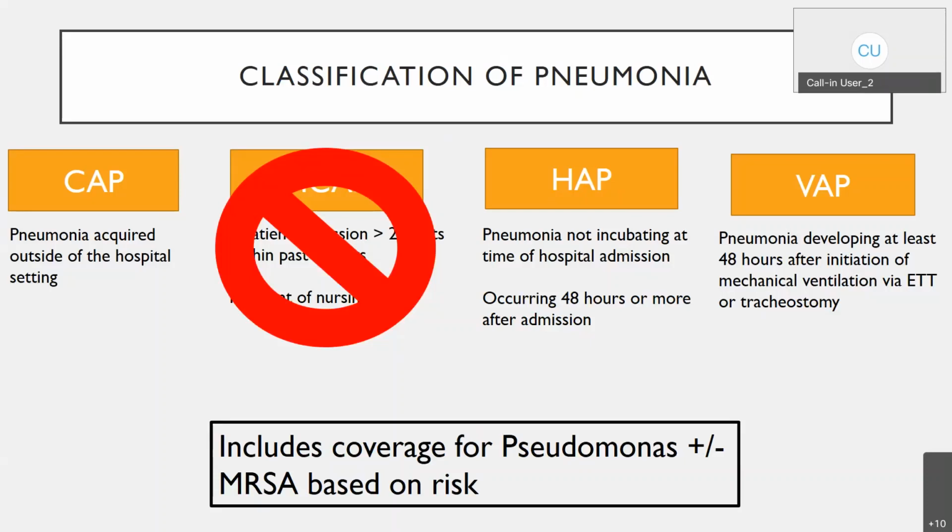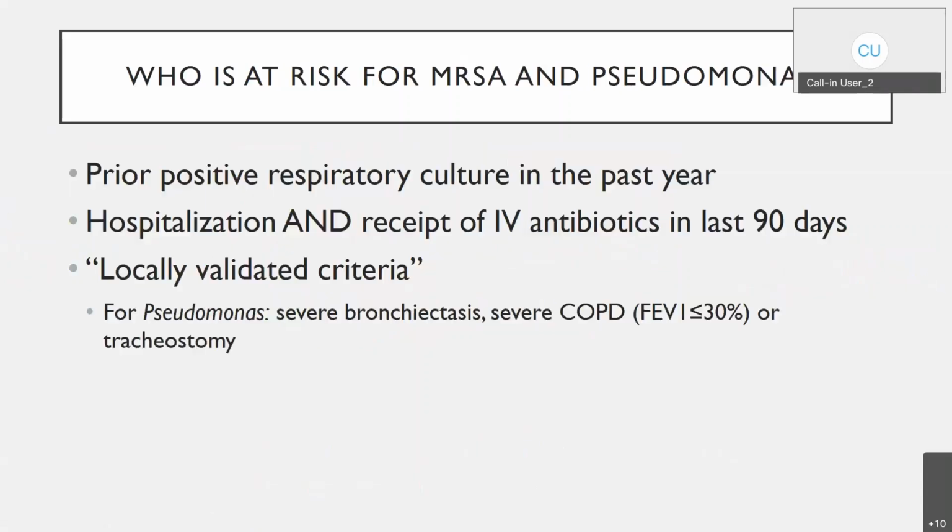And instead of just offering broad coverage for any of these categories, we now look at the risk for Pseudomonas or MRSA in that individual patient and then decide if they need to have those antibiotics added. So CAP is any pneumonia acquired outside of the hospital setting, and that's what we'll focus on for the rest of the talk. So you might say, well, who's at risk for MRSA and Pseudomonas?